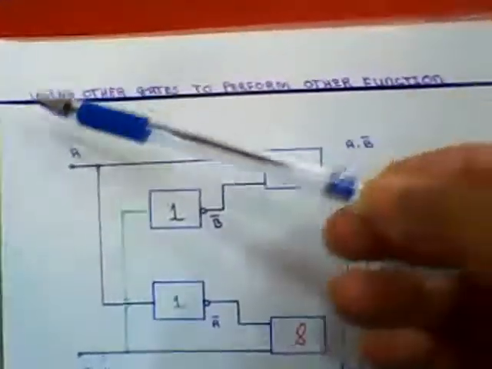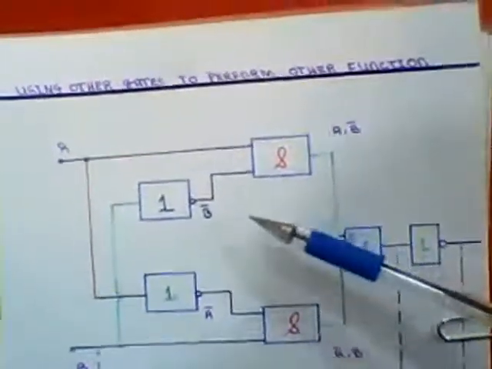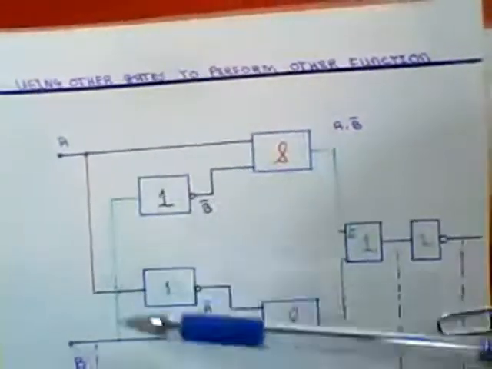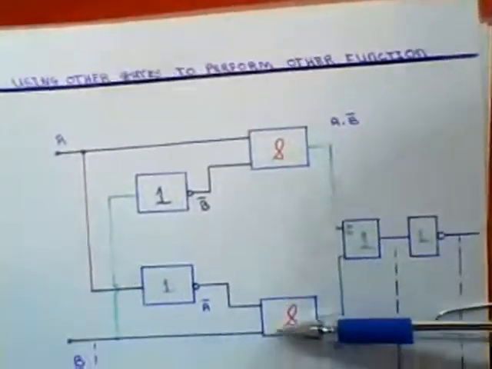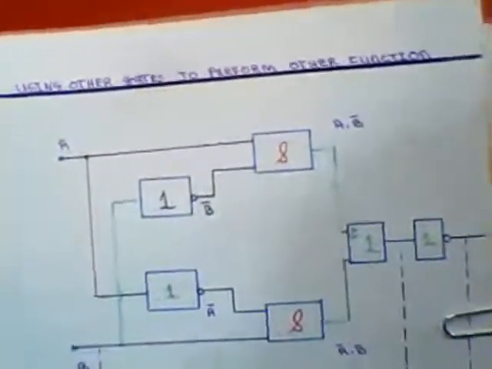Okay. Now, using other gates to perform other functions. Now here, you can see we've used a NOT gate, AND gate, and AND gate. Okay.